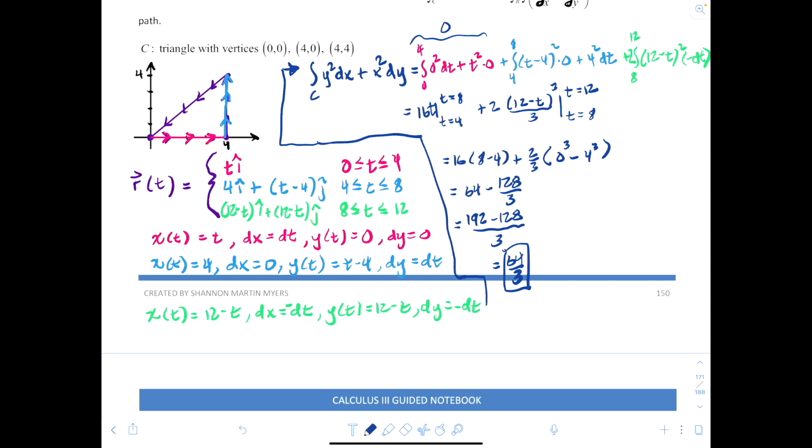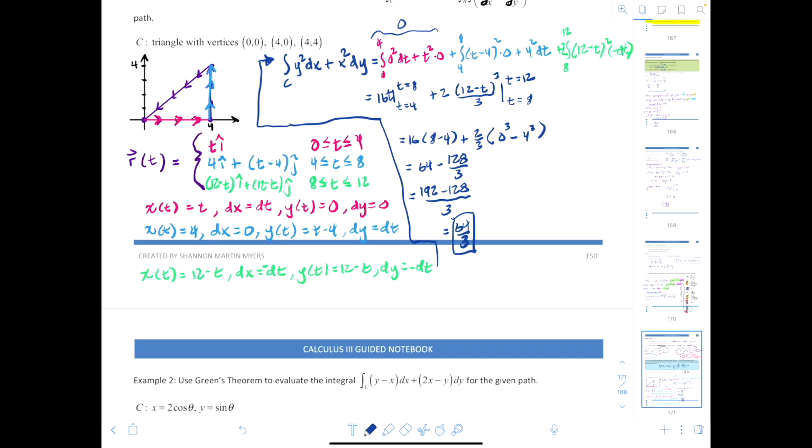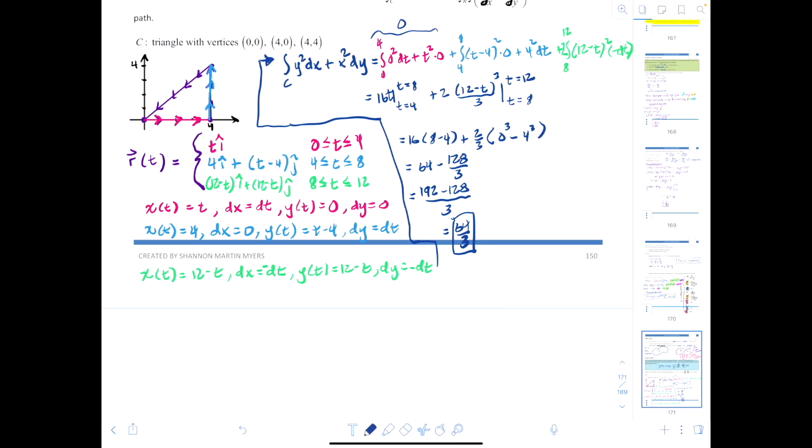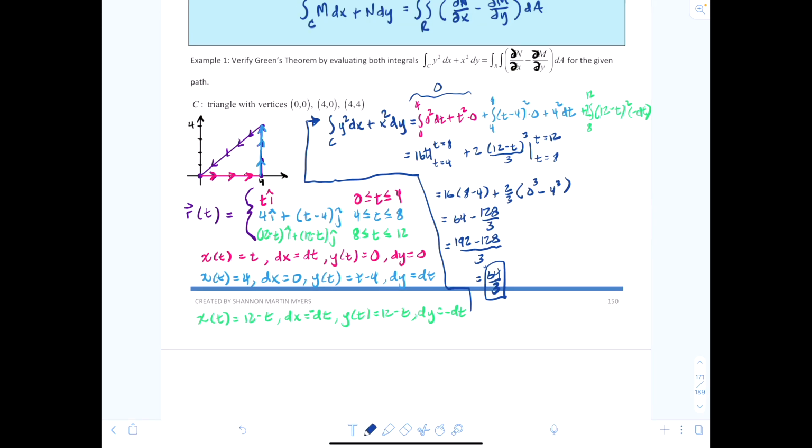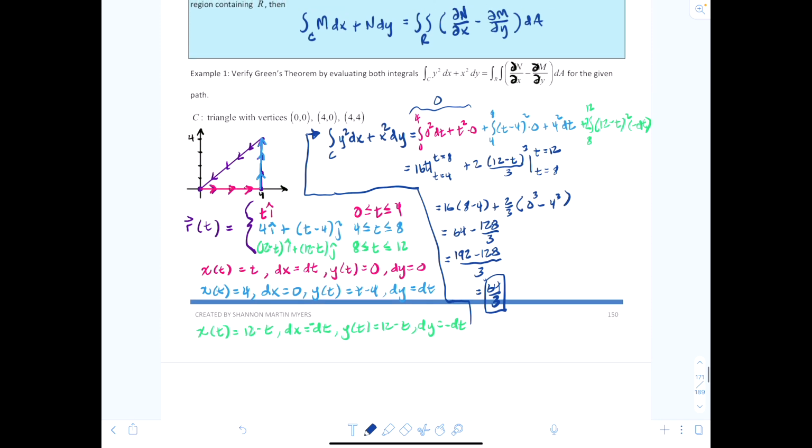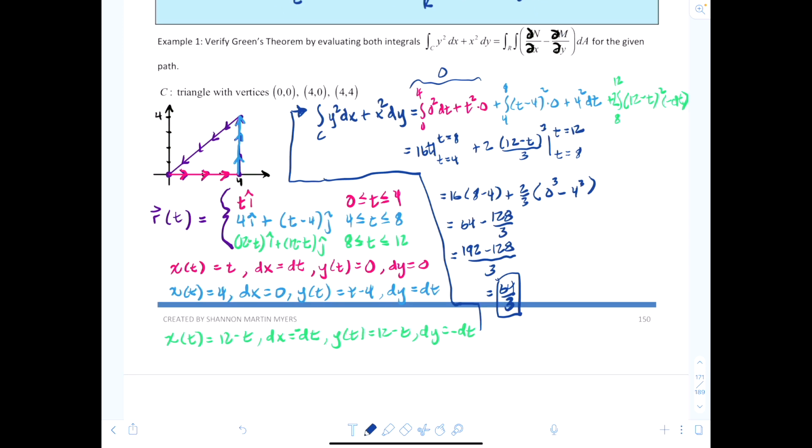Which is why it's super cool that we just learned Green's theorem. I'm going to show you this, and I think you'll really like it. So this is the quote-unquote old way that we just did.